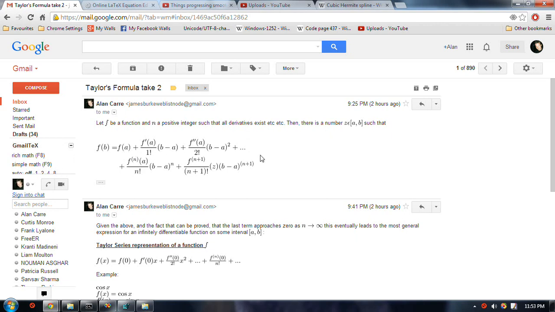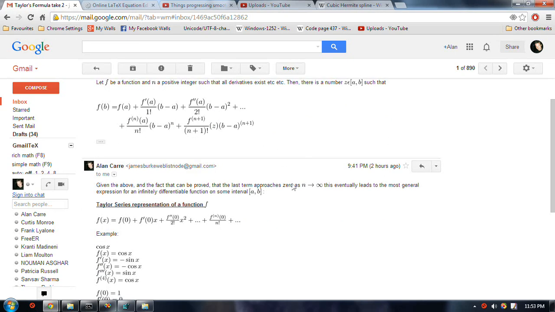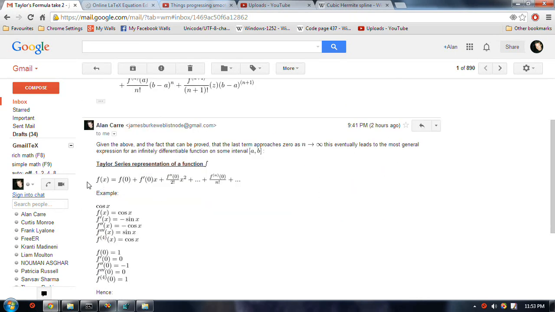But if you can use 0, then you get what's called the Taylor series form of a function, which looks like this. f of x is f of 0 plus f prime of 0 times x plus f double prime of 0 over 2 factorial times x squared, and so on and so forth. And you get a polynomial.